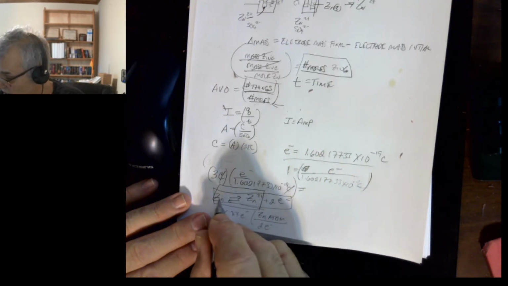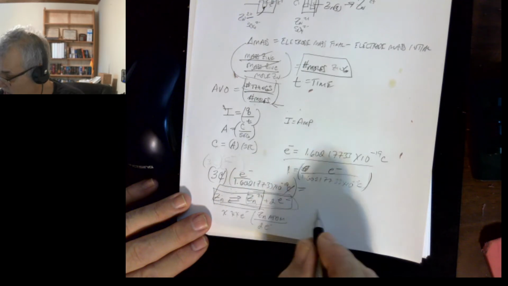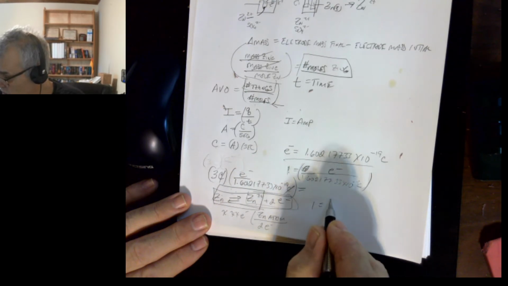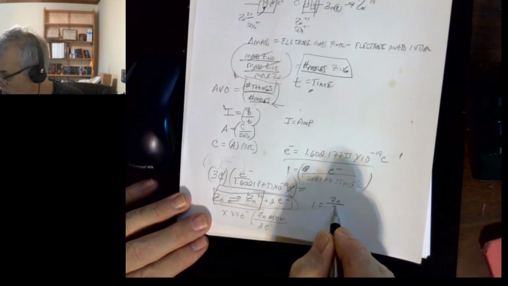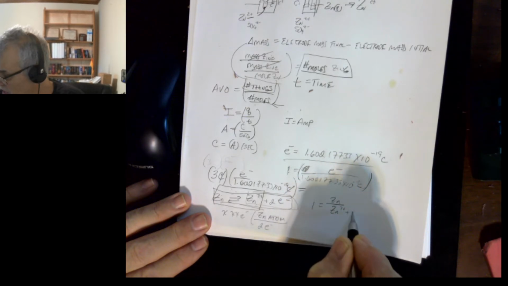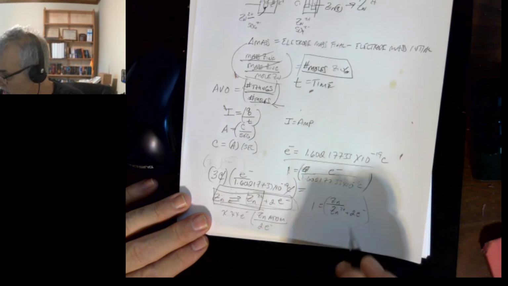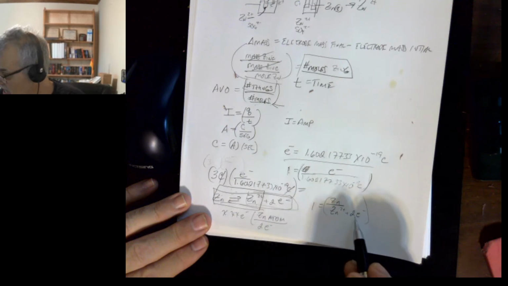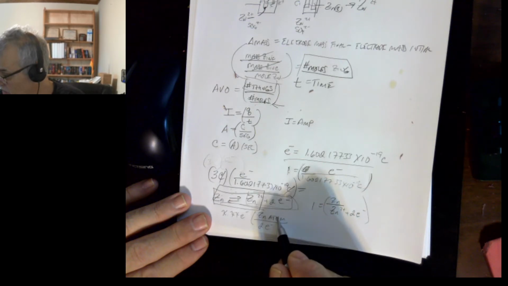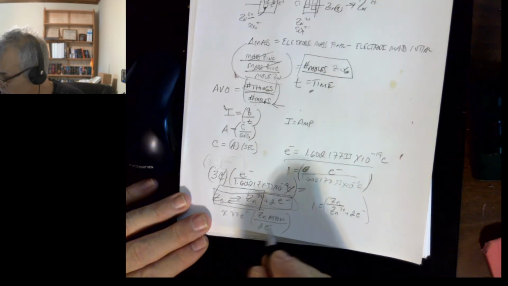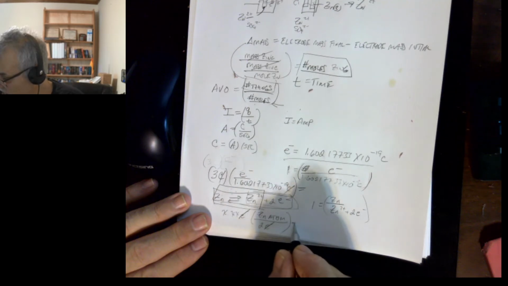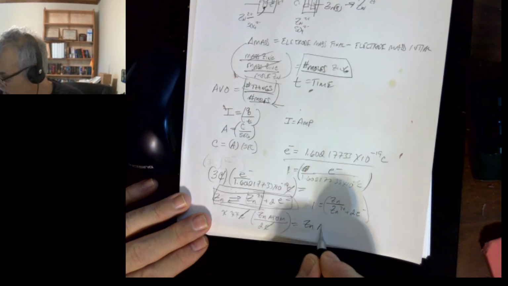If I divide this side by this, it says that 1 equals zinc over Zn2 plus 2e minus. Therefore I can say zinc plus 2 electrons is the same thing as 1 zinc. So the zinc atoms would cancel out, the electrons would cancel out, and that would tell me how many zinc atoms transferred.